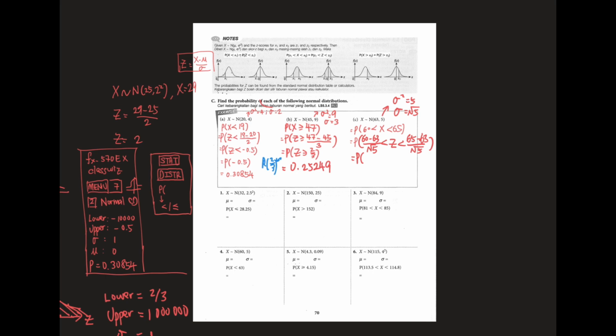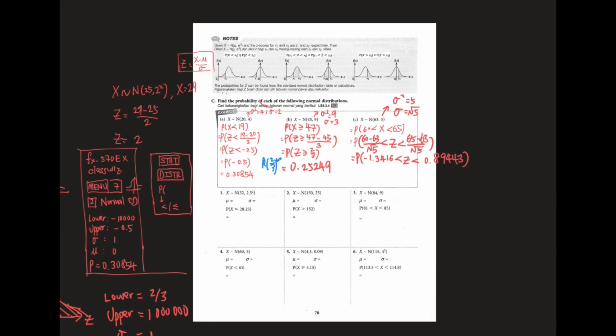Let's say I change it to decimal: negative 1.3416. And 65 minus 63 divided by square root of 5, I change it to 0.89443.